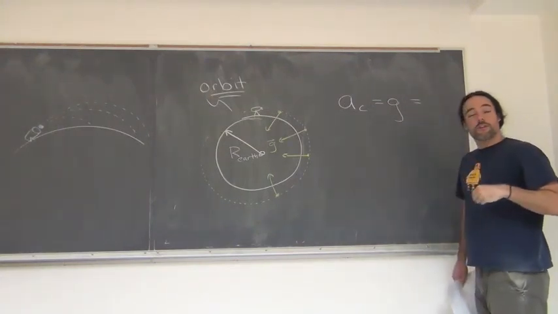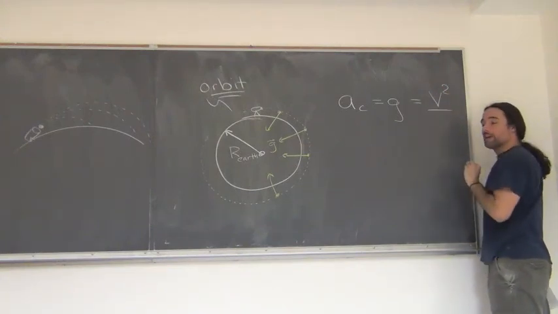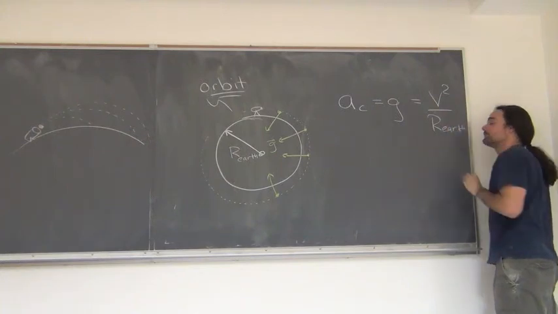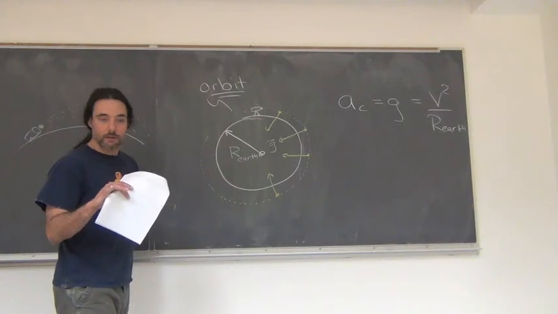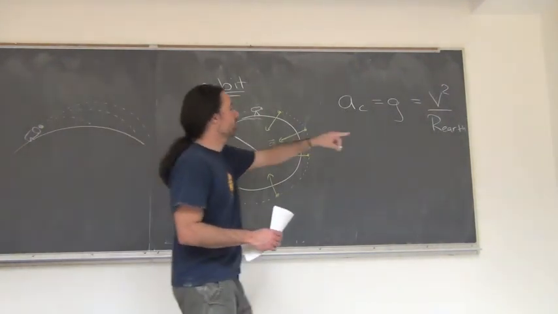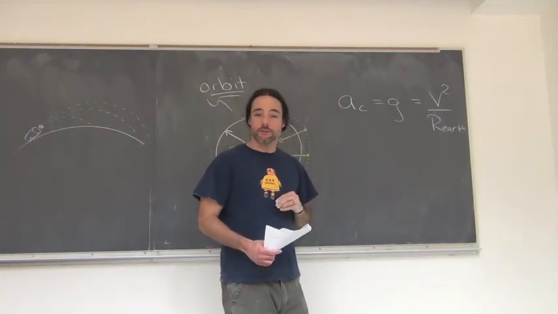We know from before that the formula for centripetal acceleration is just v squared divided by the radius, which in this case is the radius of the Earth. Now if I solve for v in terms of the radius of the Earth and g, we'll figure out exactly how fast you have to run.